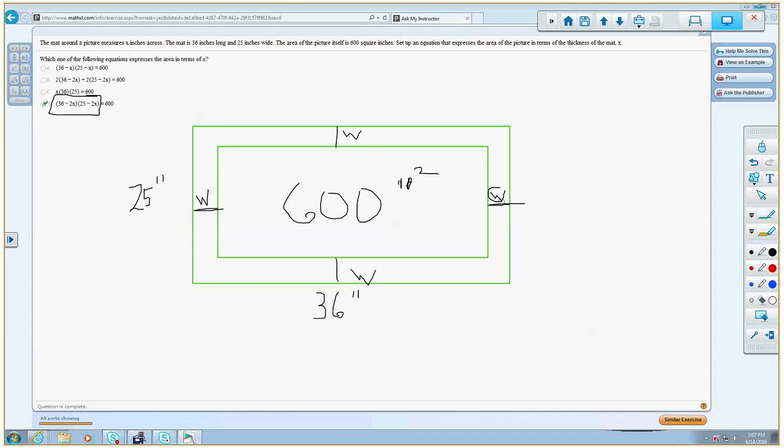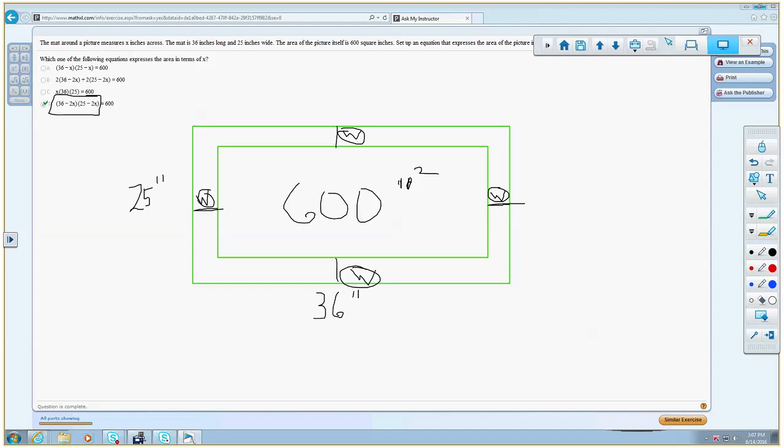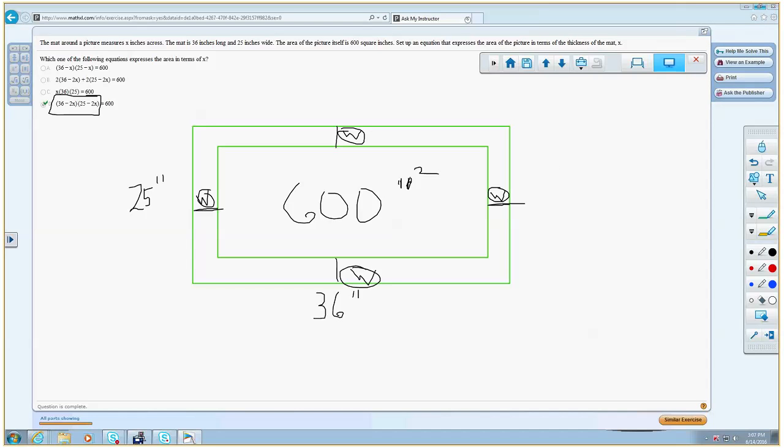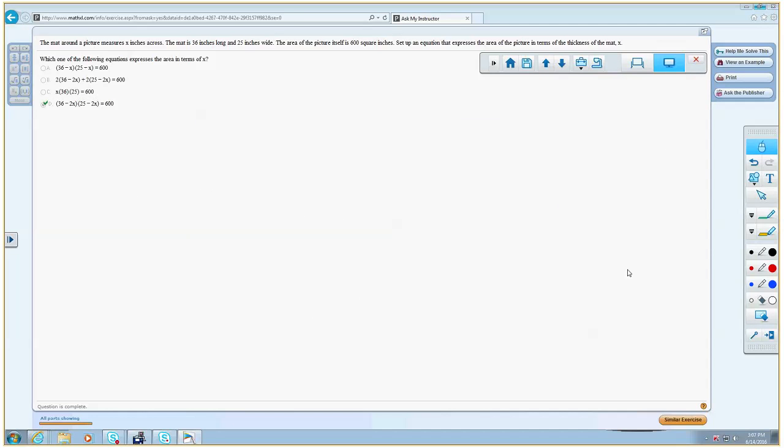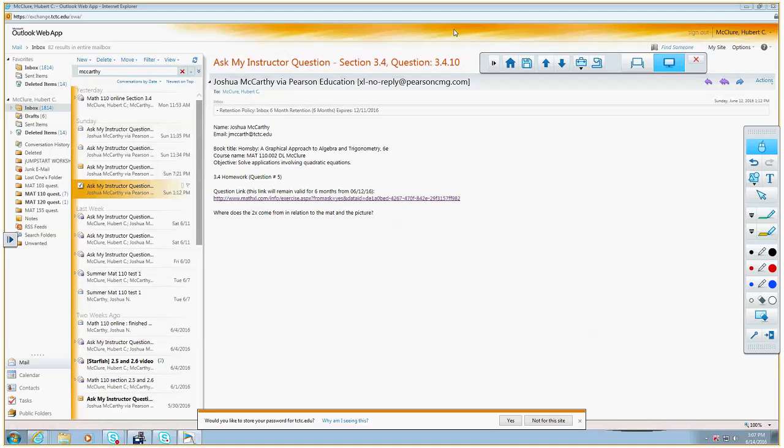There's 2 over here, and there's 2 over here. They call it an X, I call them W's for width. And that should be that problem. Let's see if there's any more. I think that's it. Well, I hope that helps.